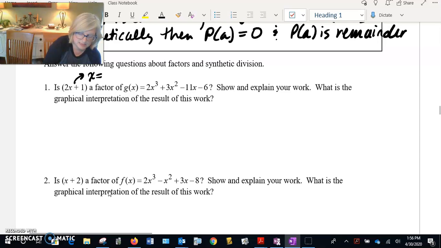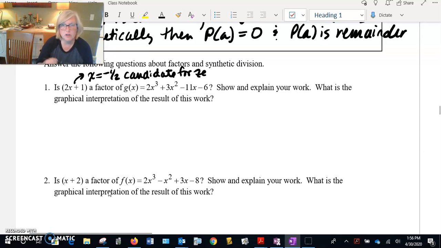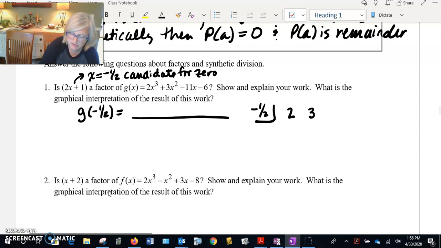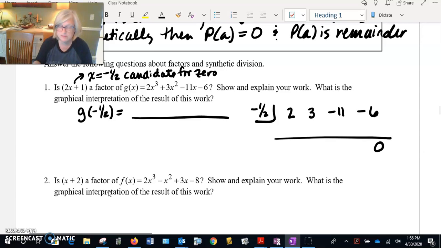That is my candidate for the 0 of the polynomial. There are 2 ways that you can do this. Is it a factor? I could do g of negative 1/2 and calculate that. Or we could take the negative 1/2 and do synthetic division on 2, 3, negative 11, negative 6. And what we want to see is whether or not there is a 0 in that last location.